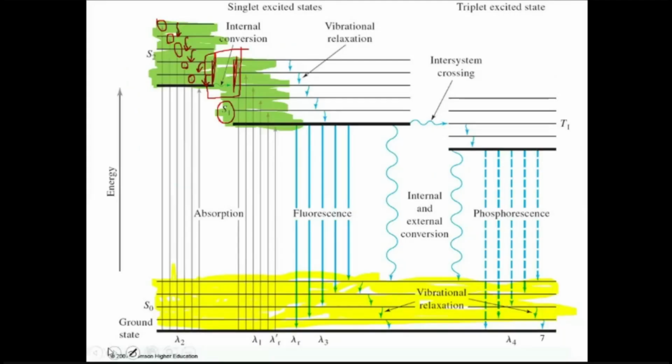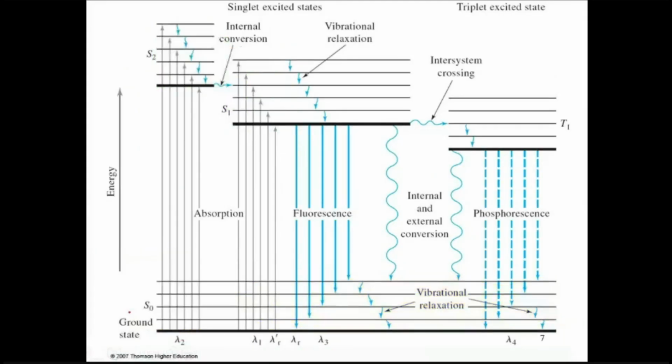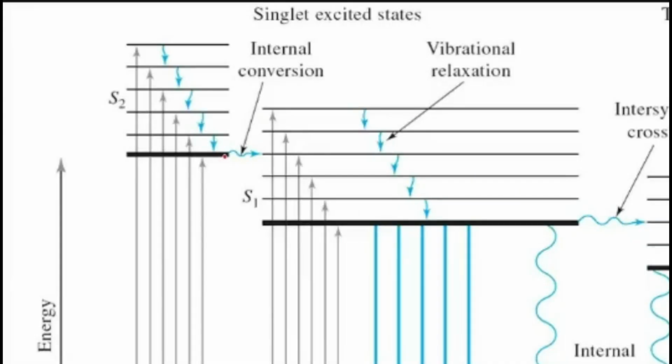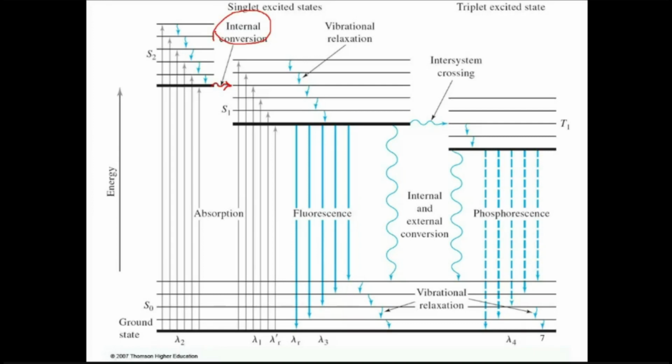If that is the case, the electron may get transferred from S2 to S1. It is called internal conversion. Why internal conversion? Because the singlet state is still maintained. The electron is still in a singlet state.